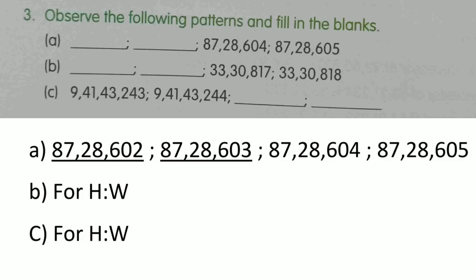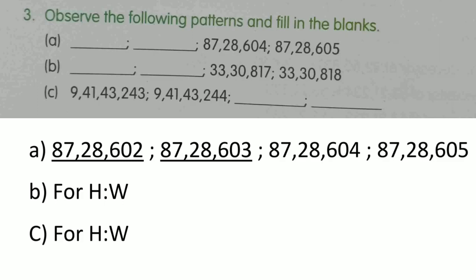Now subtract 1 from it and you will get the answer of your first blank, that is 8728,602. So 87,28,602 is the predecessor of 87,28,603. So the two blanks are 8728,602 and 8728,603, and our pattern continues with 8728,604, 8728,605 and so on.